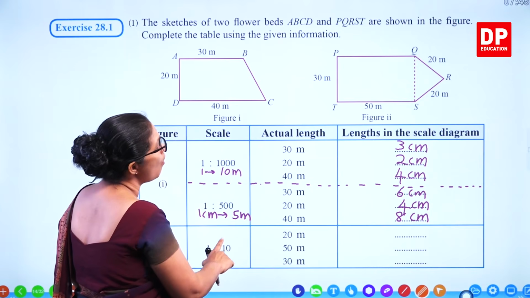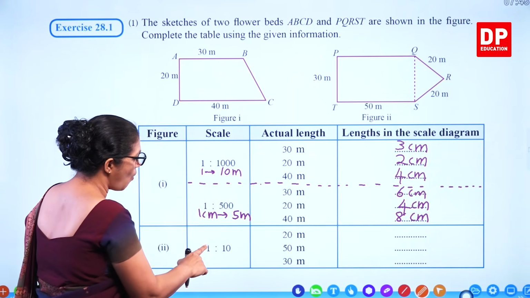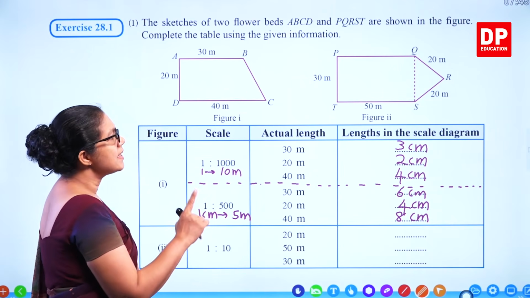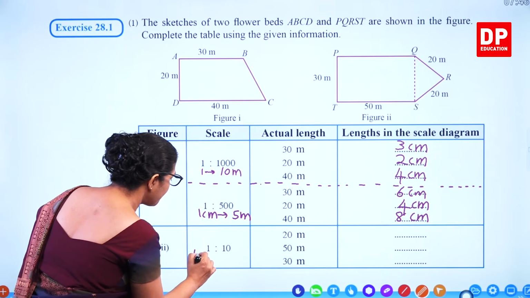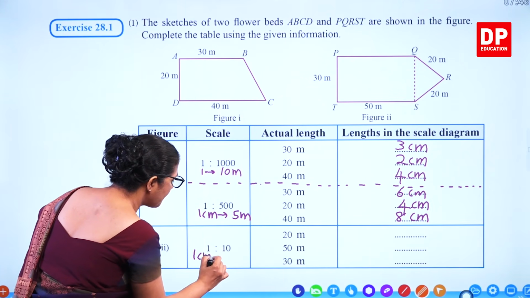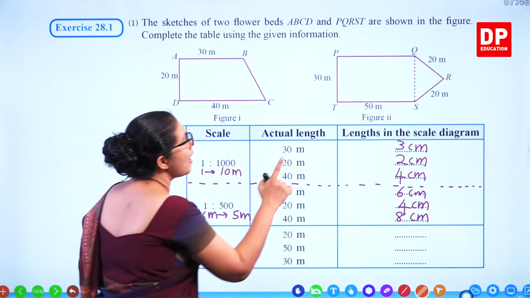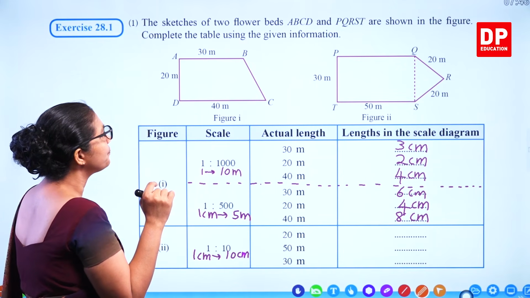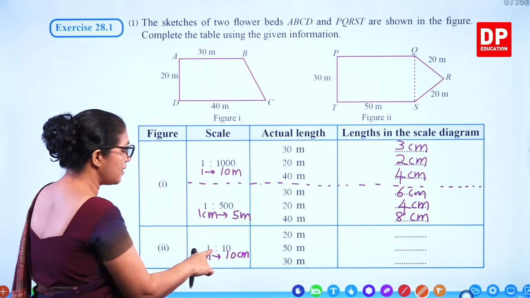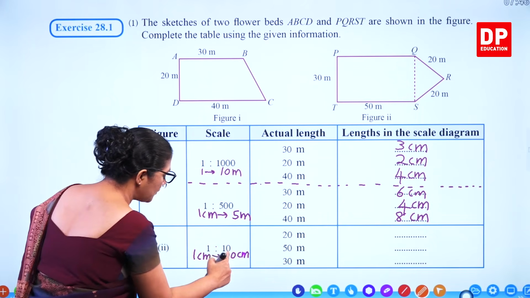If this is the 1 to 10 scale, what does this mean? 1 centimeter represents 10 centimeters. And these are in meters, so you have to divide by 100.